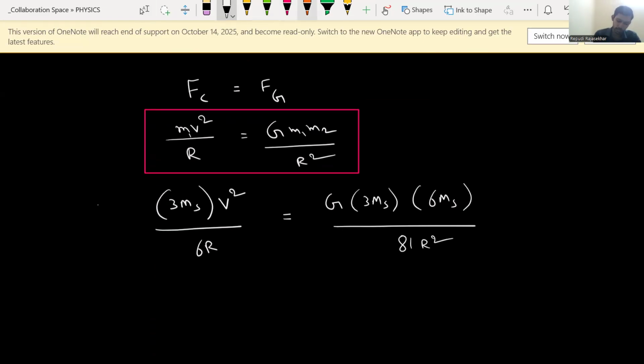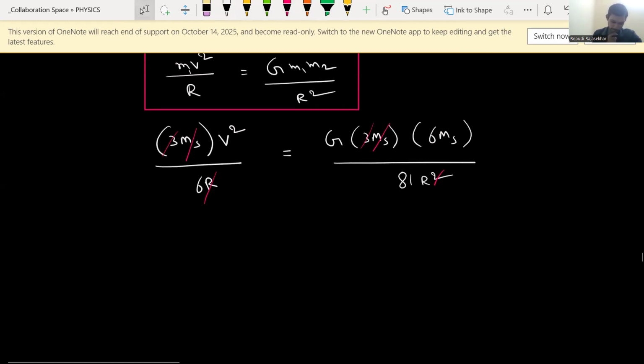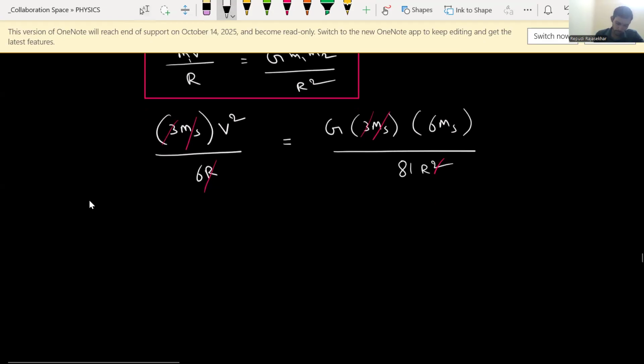Whatever gets cancelled, you can make them cancel here. r square, 1r gets cancelled. Here the m value gets cancelled, here 3m. Okay, now we are left with v square divided by 6 equals G into 6m by 81r.